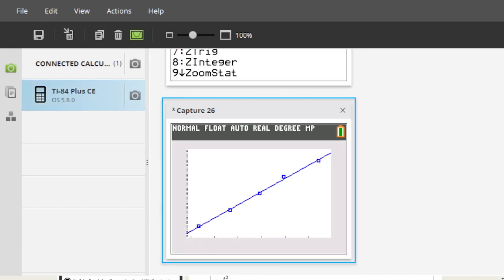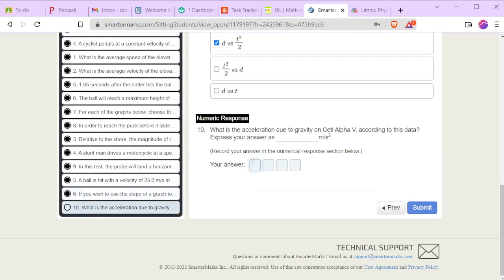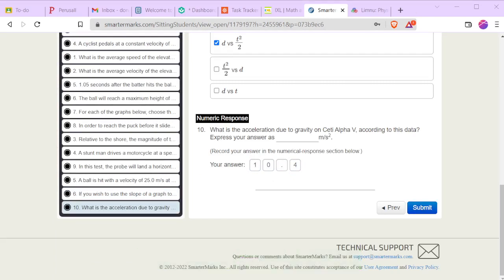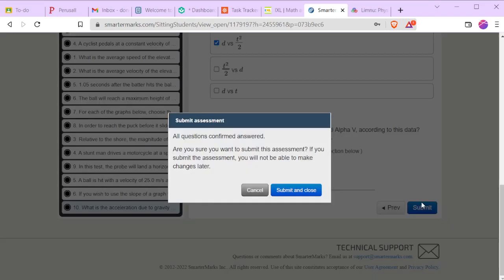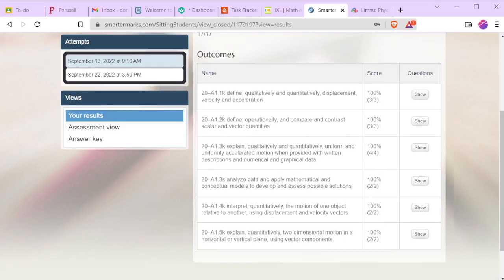So it appears to have been correctly linearized. Just as a bit of a sanity check. So then our acceleration due to gravity is 10.4 meters per second squared. And this should finish the test. So that's the 100% we're looking for.